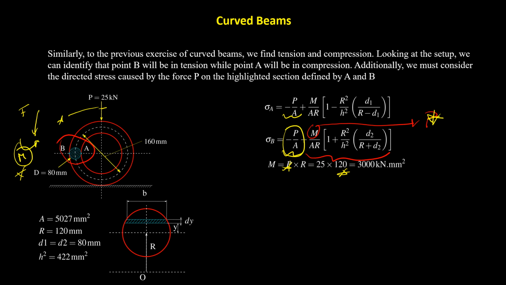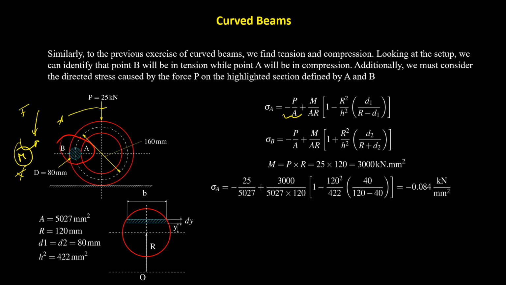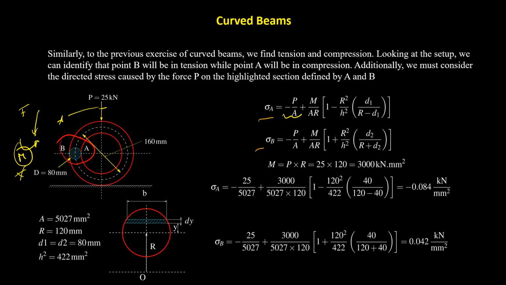Well, let me clean out a little bit here. Then the moment is going to be equal to the force times the radius of curvature. Then if I substitute everything into my formulas in here, and in here, I'm going to have that the stress in A, which is a compressive stress, is equal to minus 0.084 kilonewtons per square millimeter.